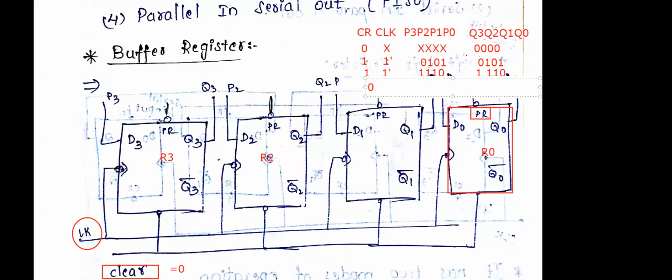Whatever the clock may be, it will not accept it even if you apply a negative edge again. With clear equals 0, even if you try to apply the clock as 1 and apply data such as 1 1 1 or 1 1 0 0, the output will simply reset to 0, and all the flip flops will be set to 0. This is the condition, and this is the operation for the buffer register.